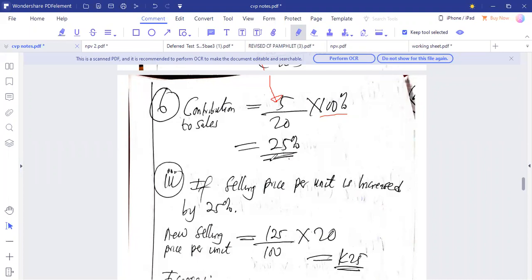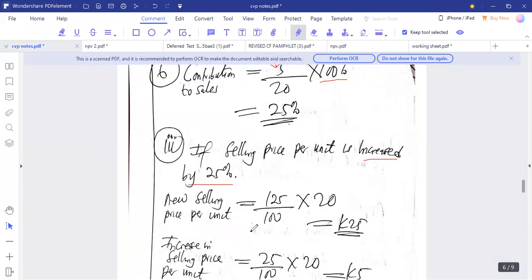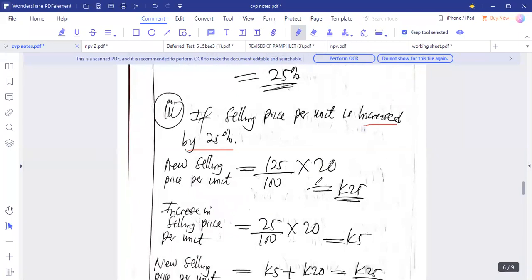All right, then we're getting down to the other parameter here. If your selling price per unit is increased by 25%, we can find the new selling price. The increase is 25 over 100 multiplied by 20.